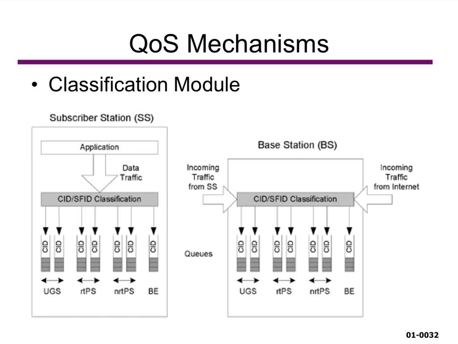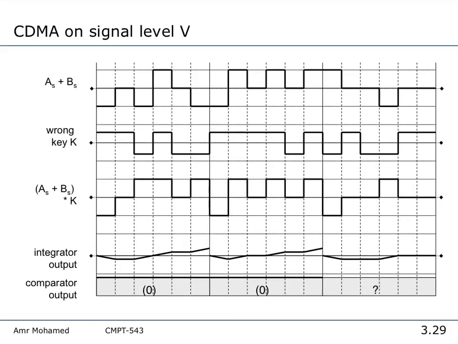All right, so we talked about CDMA last time, and we said that the chips or the codes that are used by the different nodes A and B have two important characteristics.